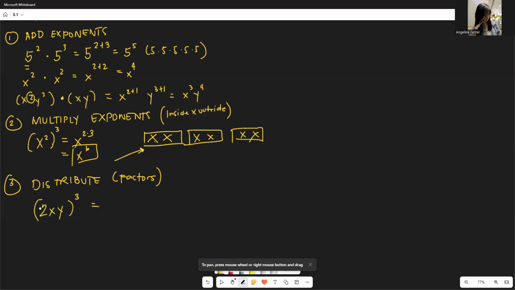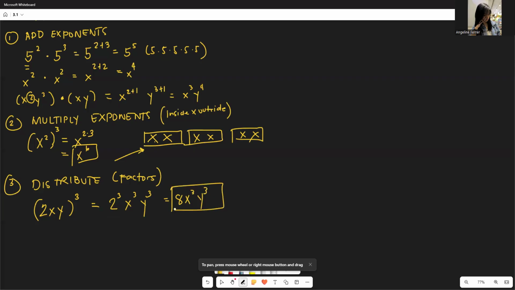If the entire thing inside the parenthesis is being raised to 3, you'll have to give 3 as an exponent to each of those values inside. So we give it to 2, to x, and to y. And then you just need to simplify that: 2 times 2 times 2 is 8, x cubed, y cubed.